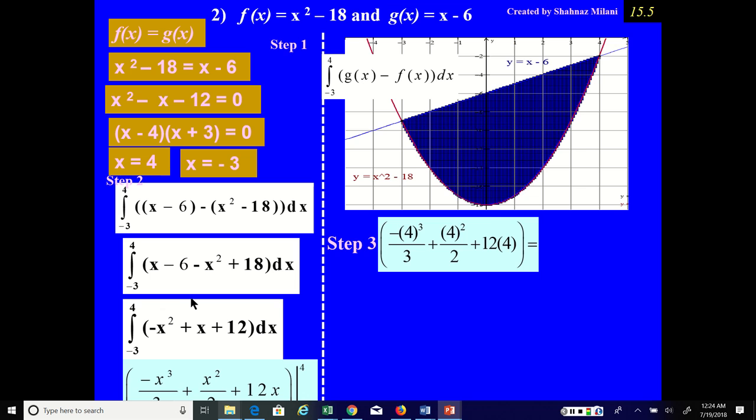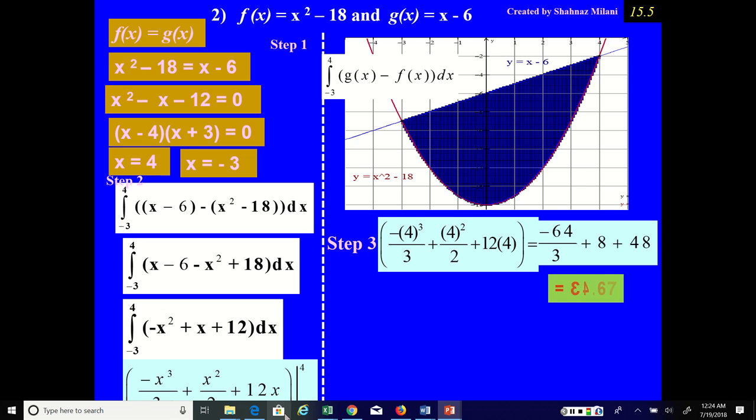Then you are going to plug it in and find the y value, which on the fraction part my answer is going to be this, and then my actual answer for part 3 is going to be 34.67.